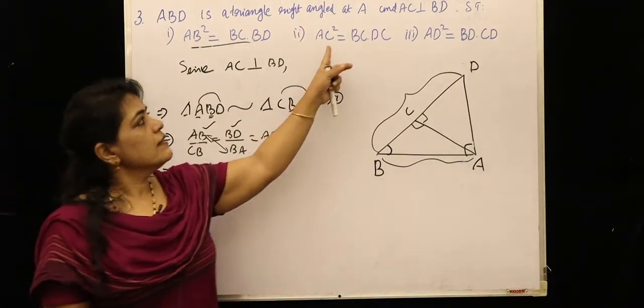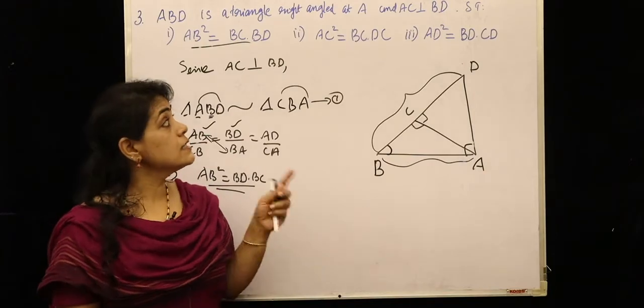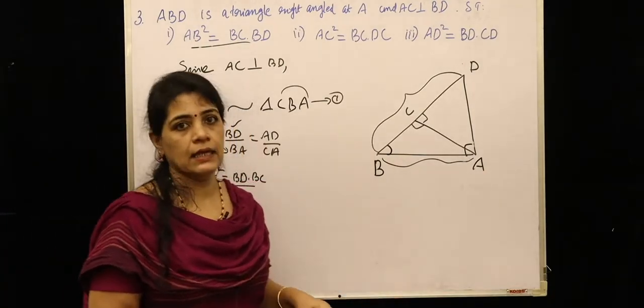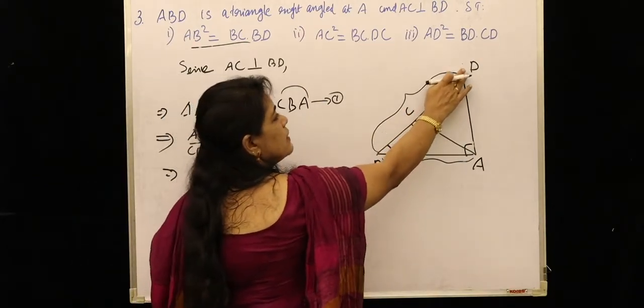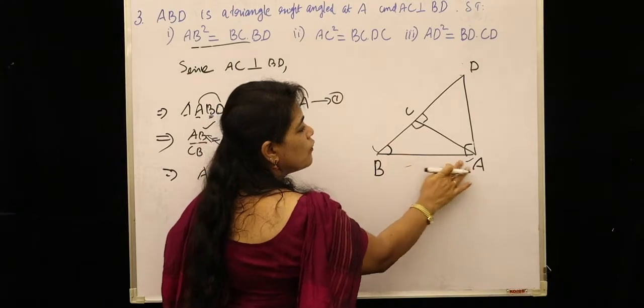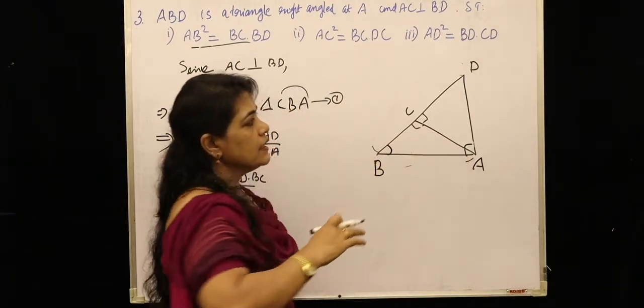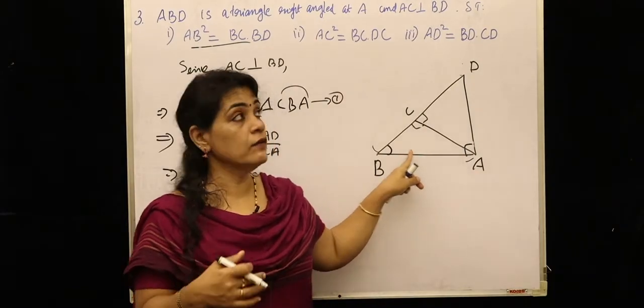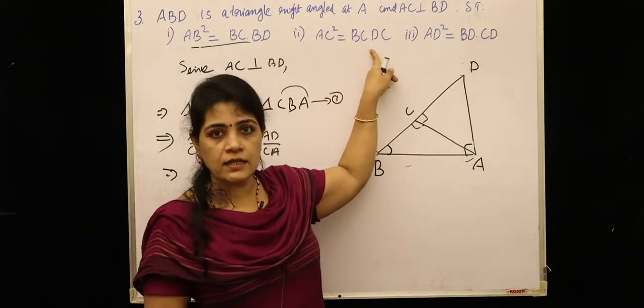See children, in order to get the second one, AC square equals BC into DC. AC square, see children, what is AC here? AC is the side of this triangle, and AC is common to both the triangles, so we can't say which is the needed one. So let us look into the RHS part.